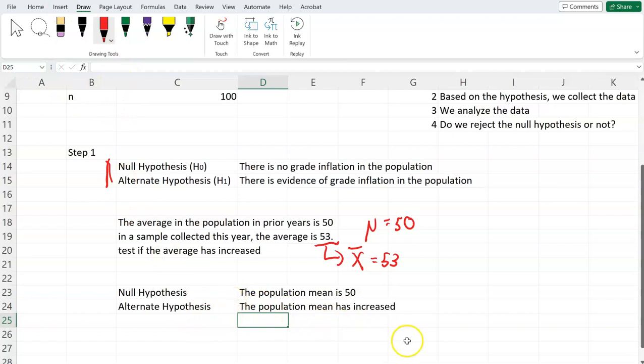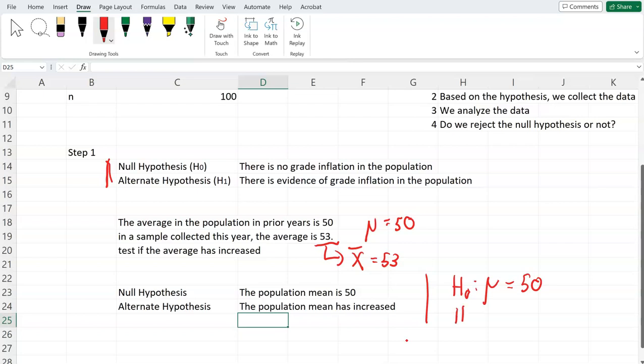If I were to write it in notation form instead of sentences, H naught would be mu equals 50, which tells me that under the null hypothesis the population mean is 50.